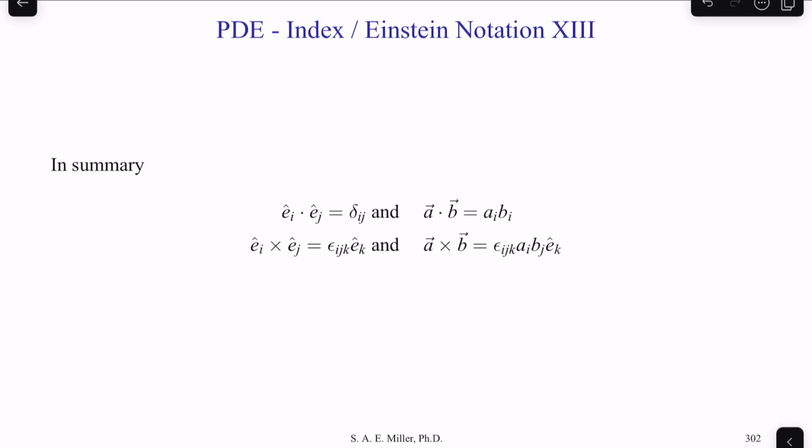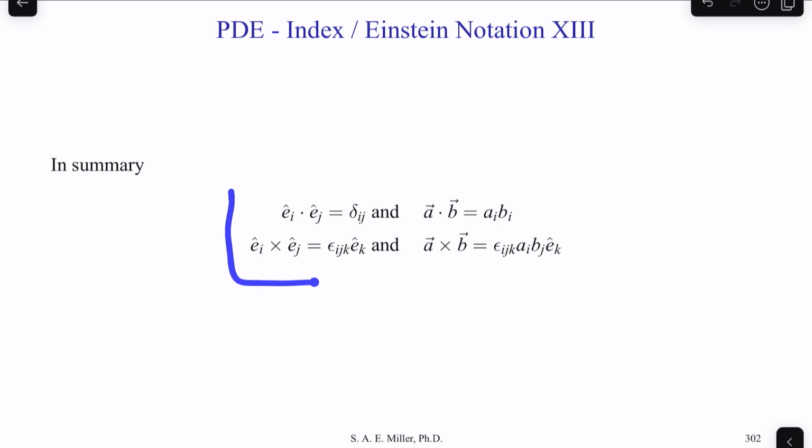The corresponding cross product of A cross B will be the permutation tensor times the components A_i B_j, times the unused vector k. So you see in here we have ijk, A_i, B_j, we put e k.